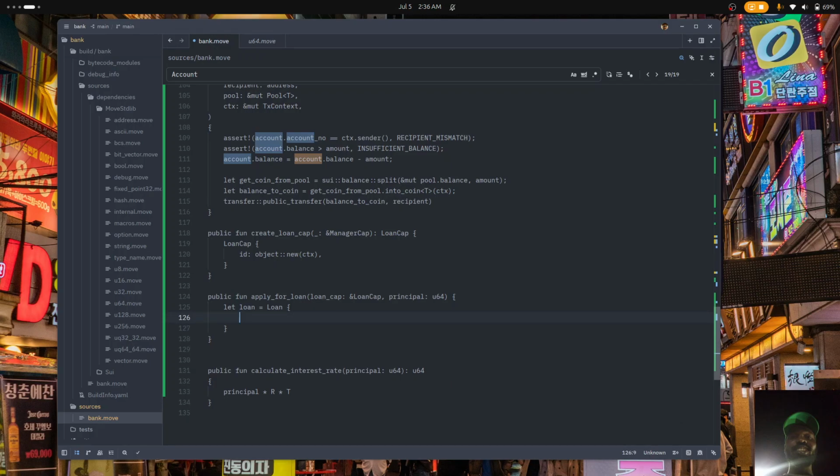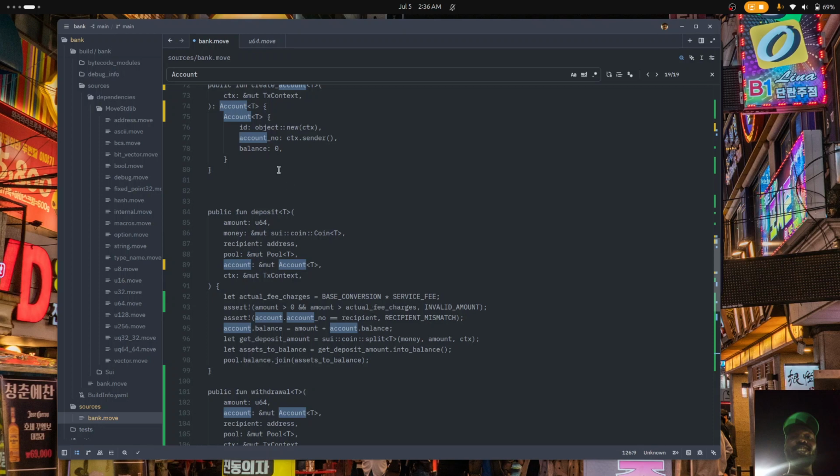This loan should contain my account number, currency, and the amount.